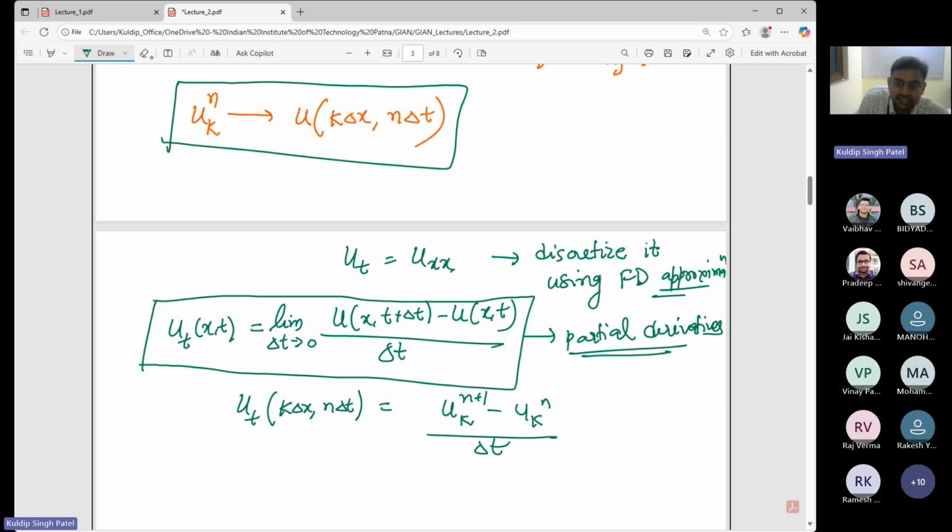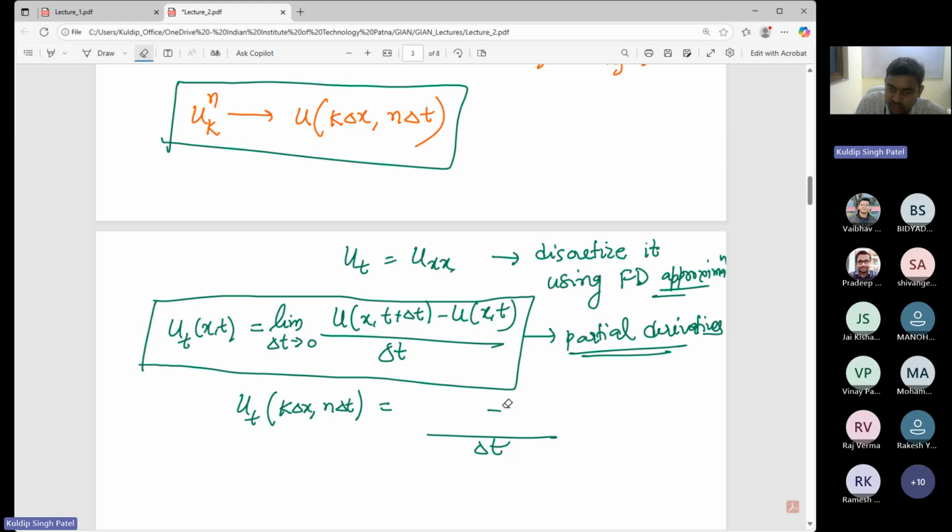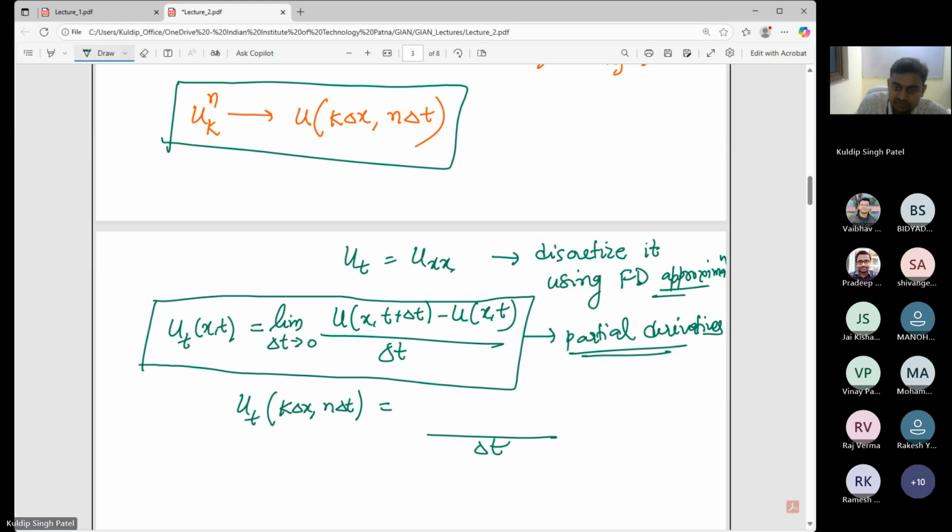I'll take some time to explain this again, so that you should not have any confusion. This can be written as u k n plus 1 minus u k n. Why? Because in the above expression you put k delta x in place of x and n delta t in place of t.